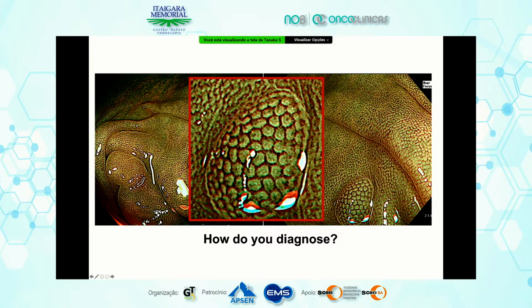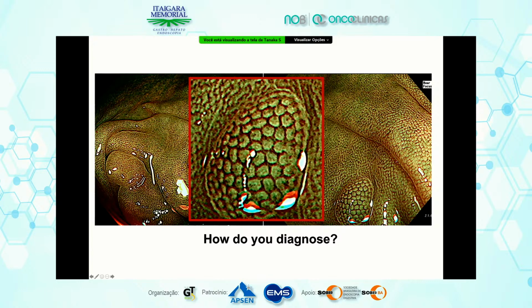However, this is a honeycomb-like vessel pattern, unusual for an adenomatous lesion. Also, you can see dark dots like this. This is a hyperplastic polyp.